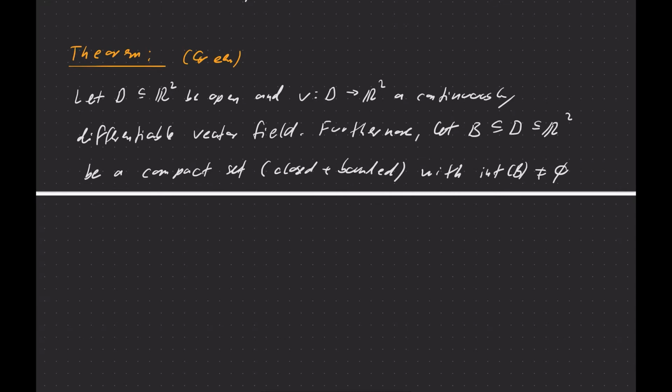And now we look at the border circumference of that set. And we want to use that border in our computations. That means we need to be able to describe that border as differentiable curves. And we want those to be finitely many curves, and we want them to be closed.